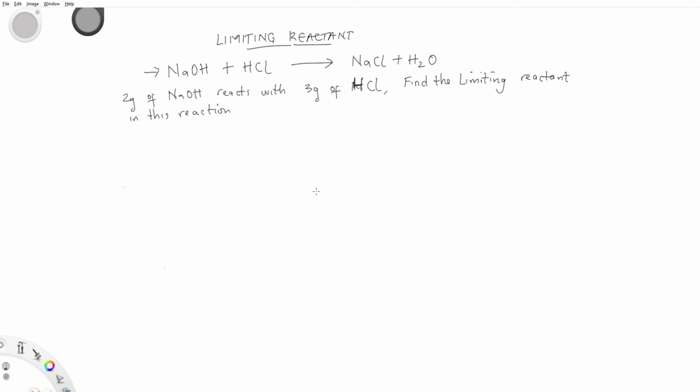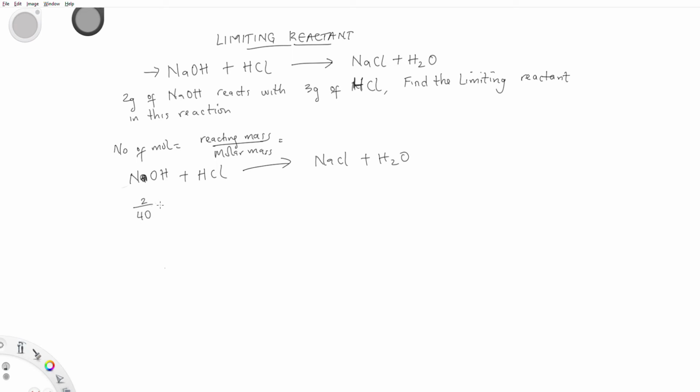Firstly, calculate your number of moles. Remember from our previous video, calculating the number of moles is reacting mass over molar mass. The reacting mass of sodium hydroxide is 2, and the molar mass is 40.